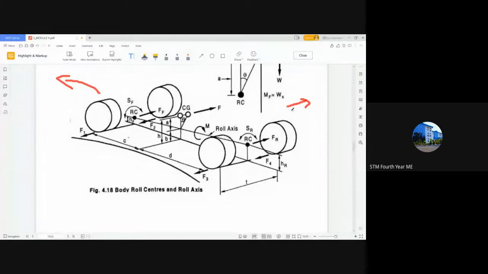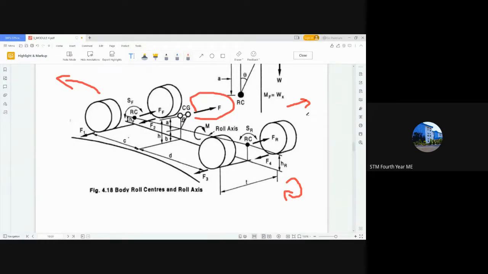So two types of motions are occurring. One is the horizontal motion through F. Due to F, there is a horizontal motion, and also the body rotates while moving in this direction. That is how the car flips over.